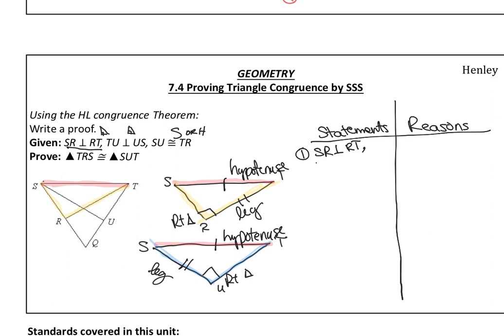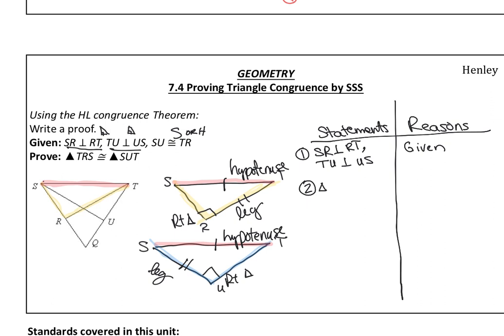And TU is perpendicular to US. Now, these are given information. Second, we can say that TRS and SUT are right triangles.